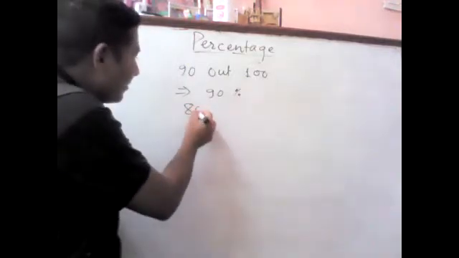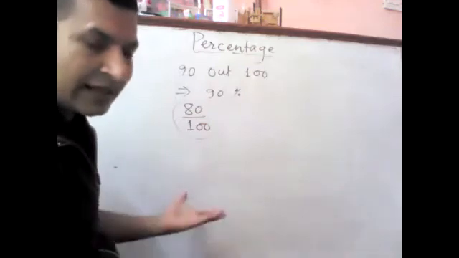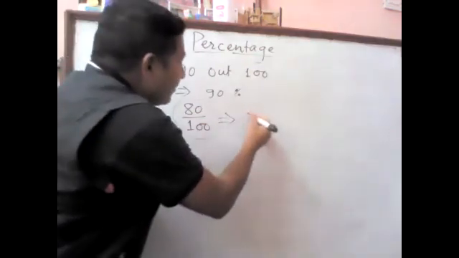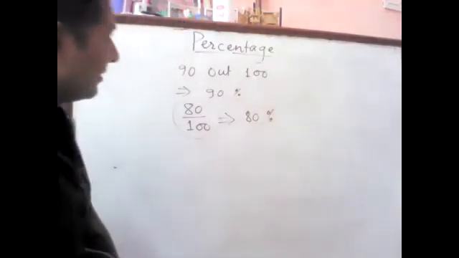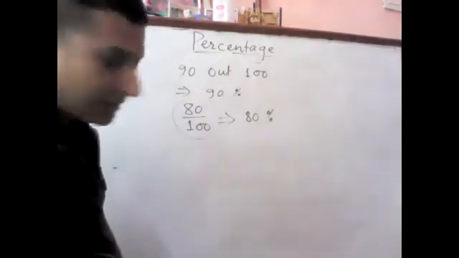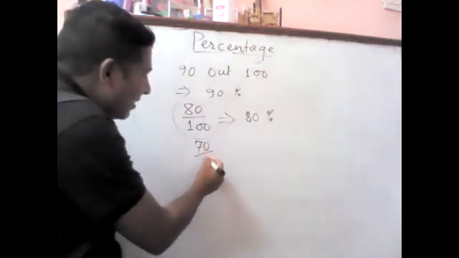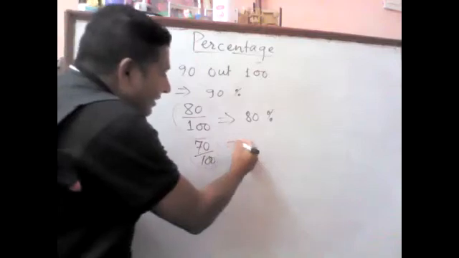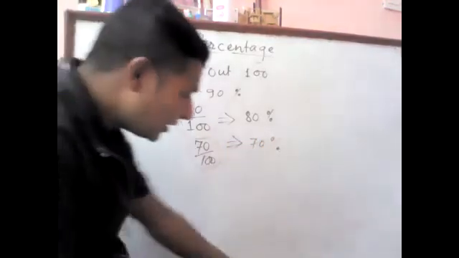If you secure 80 out of 100 marks in any exam, this is equal to 80 percentage. Similarly, if you secure 70 out of 100, this is 70 percentage.